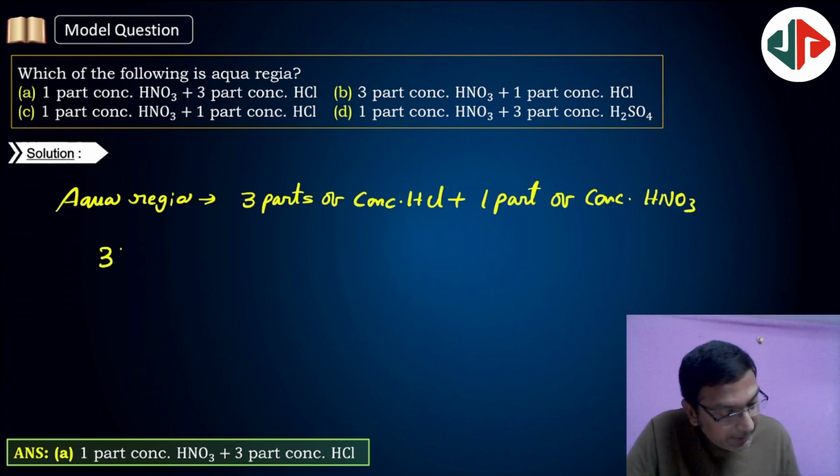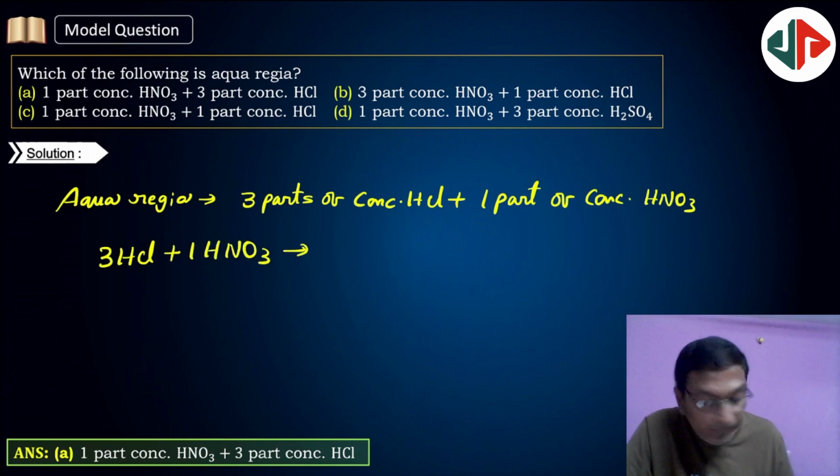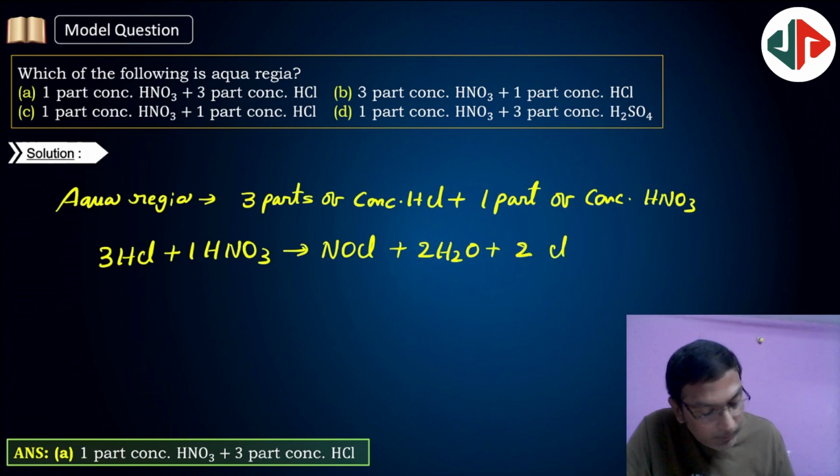So that means we can write 3 parts of HCl, 1 part of HNO3 gives NOCl, nitrosyl chloride, plus 2H2O plus 2Cl, nascent chlorine.